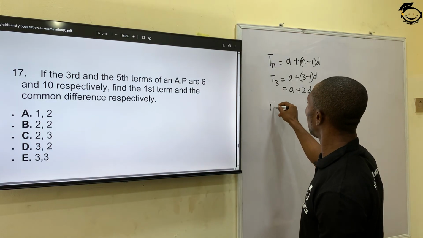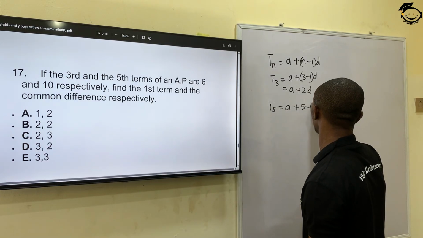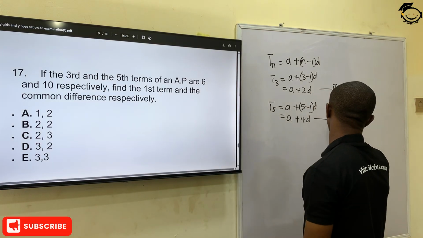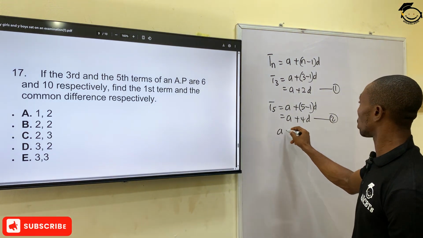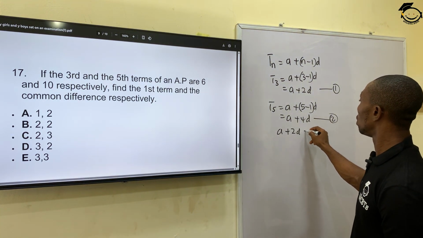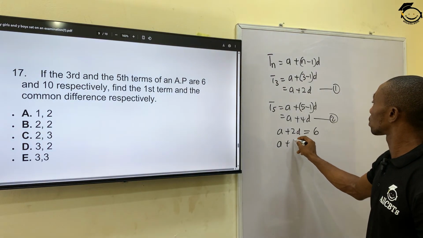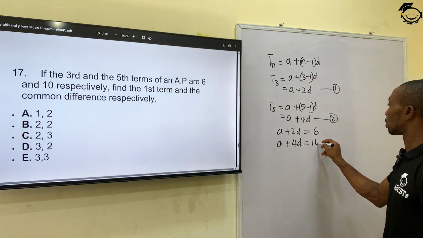Now we have for T5, which will become a plus (5 minus 1)d, which will give us a plus 4d, equation 2. Now, we were told that our third term, a plus 2d, equals 6, and a plus 4d, which is our fifth term, equals 10.